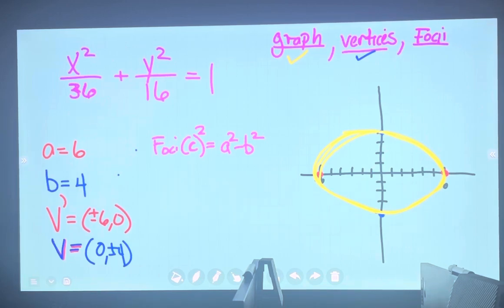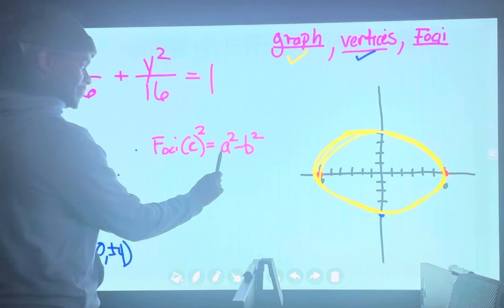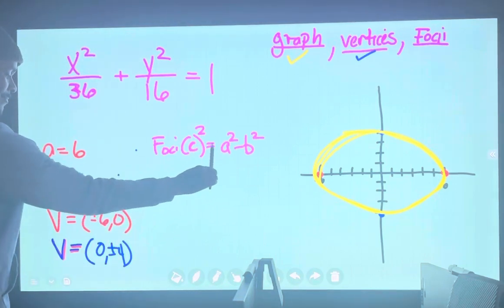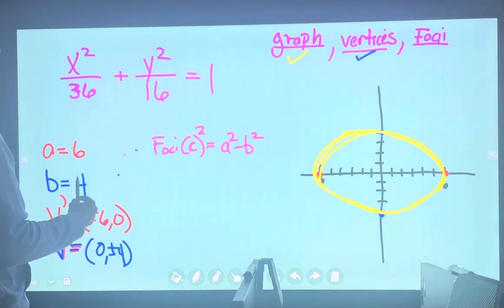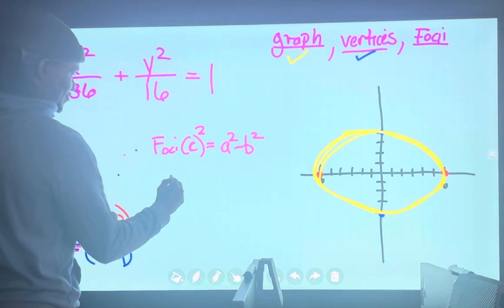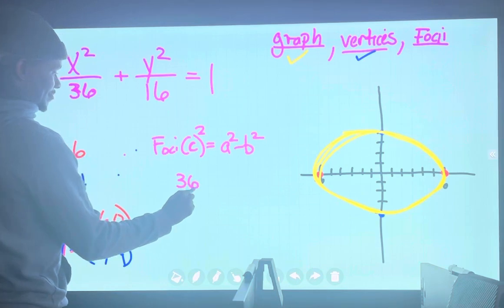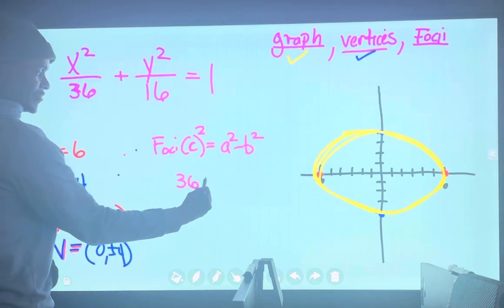Oh, your minor is the 6. Wait, what do you have to do first? What do we have to do to find the foci? Isn't it your major minus your minor? Okay, so what am I subtracting? The 6 minus 4. Oh, wait. Oh, you keep it how it was?